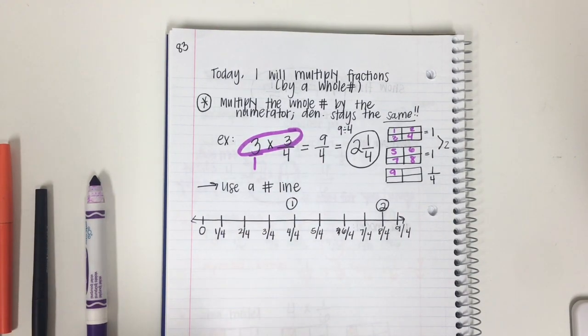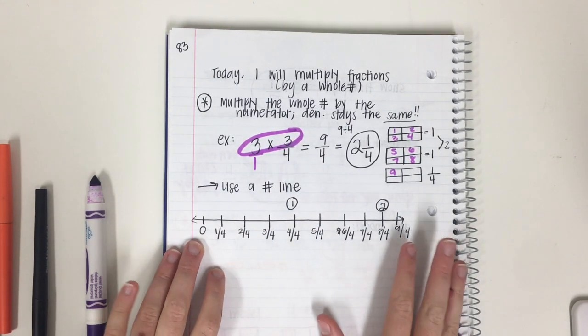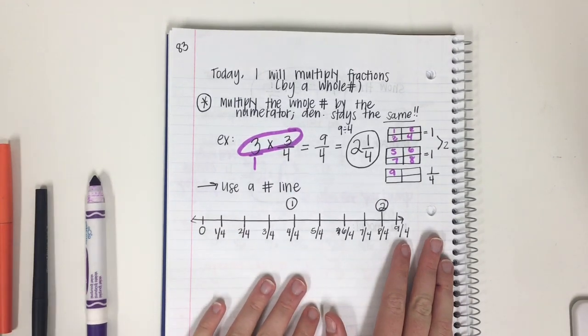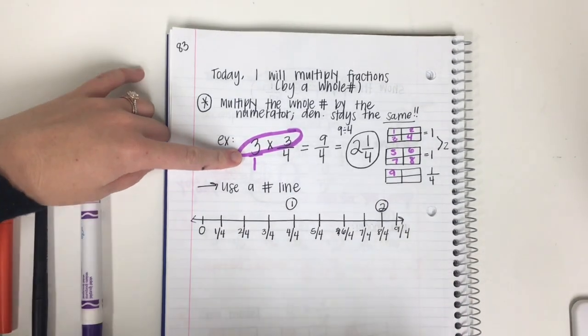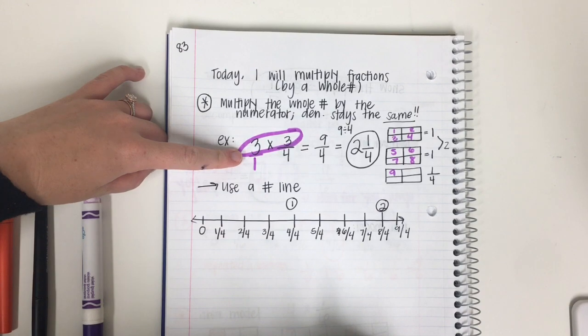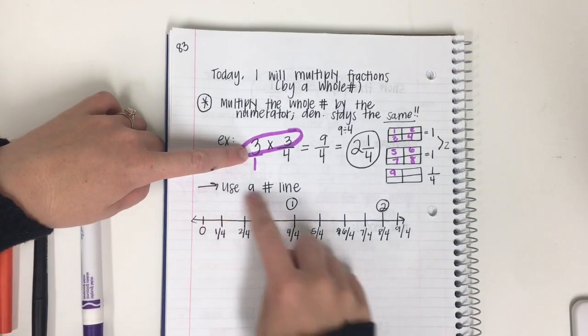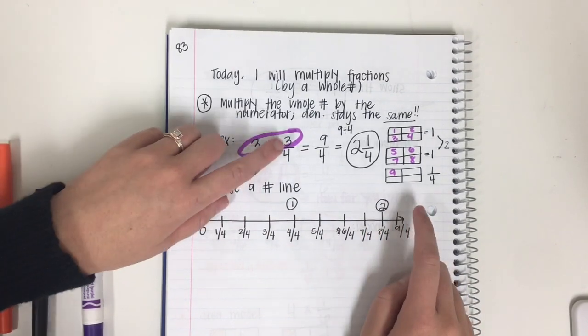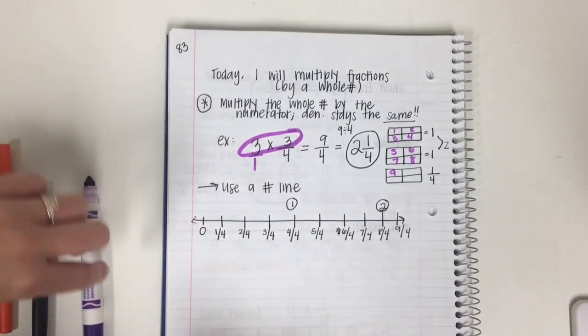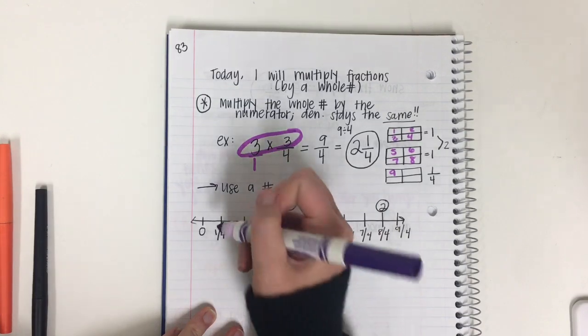Okay, so we have our number line set up. We have our 0, and then we go all the way to our improper fraction. So now we need to look at our decomposed fraction. So we need to think, this is how many jumps I have to make. So I need to have 3 jumps I need to make, and this is how many I go by. So the first jump is going to be all the way to the 3/4.